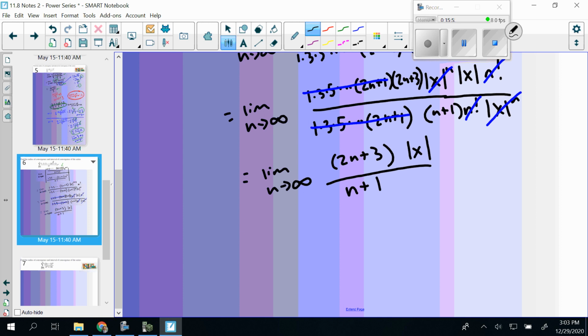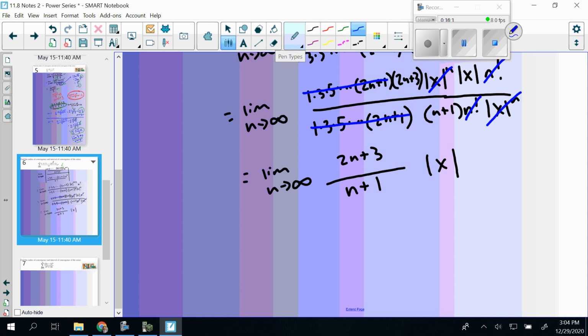What's the limit of this going to be? Again, I'm going to disregard this absolute value of x right now and put that over here. Let's focus on this fraction part. As we go to infinity, what is that going to go to?